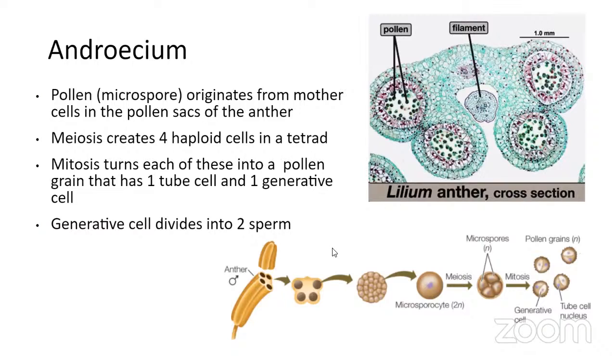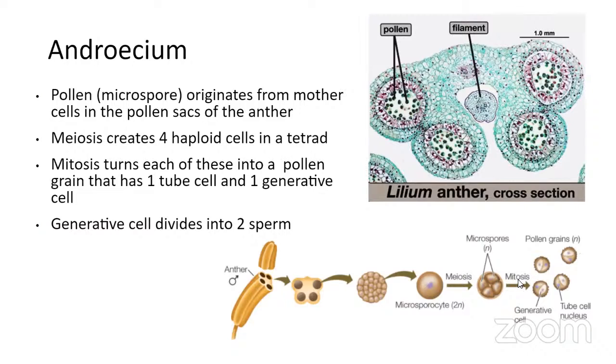So through meiosis, our microspores start to split apart, creating haploid cells. As this microspore mother cell undergoes meiosis, becomes haploid, we now have 4 cells.